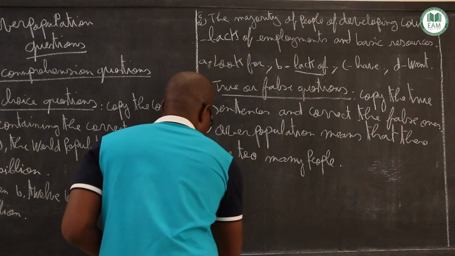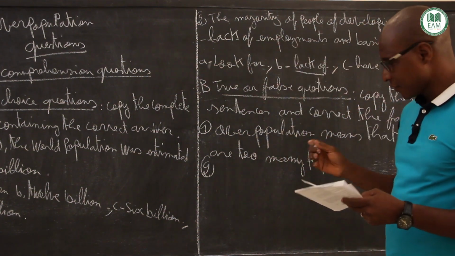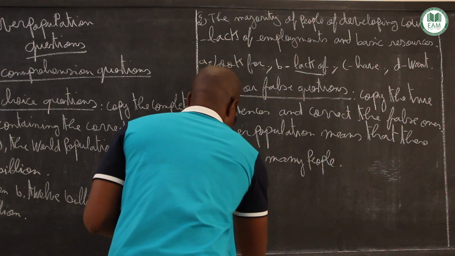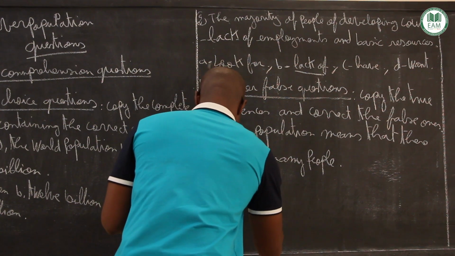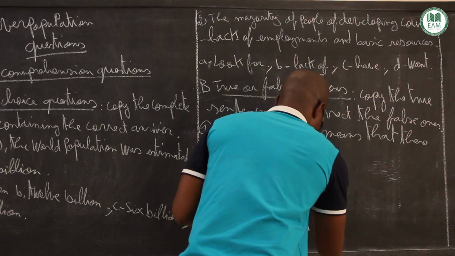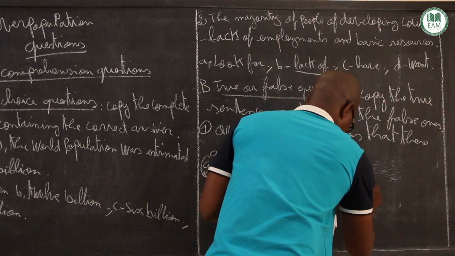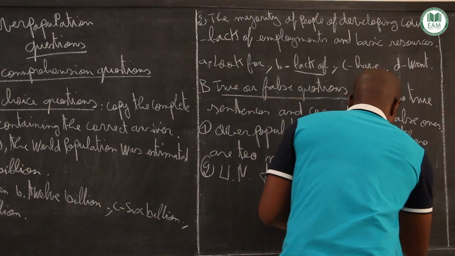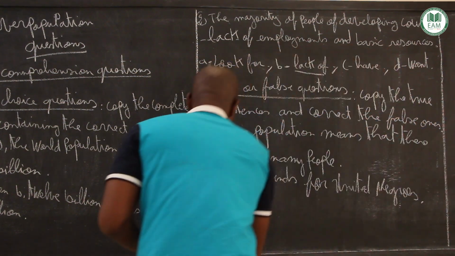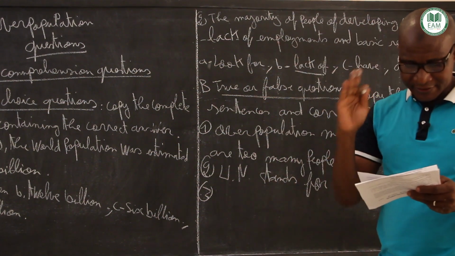And number 2, we have here UN stands for United Nations, and that is true also. So we don't change. And the next, number 3, we say overpopulation is a serious problem.